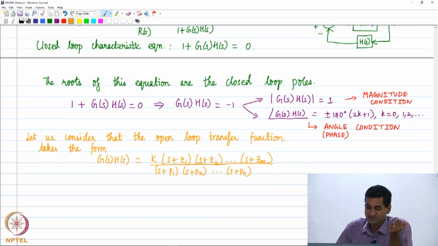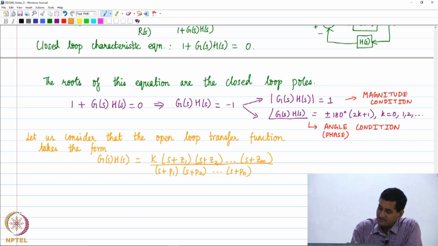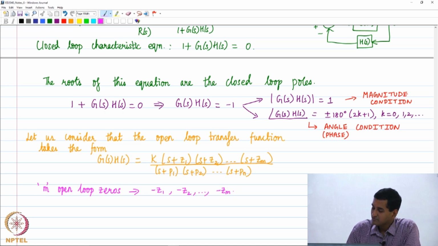That's my only motivation. So of course, you see that I have factorized the denominator and the numerator polynomials. The numerator polynomial is of order m, and the denominator polynomial is of order n, so that structure is something which we are still keeping. So immediately we can see that there are m open loop zeros. What are the m open loop zeros? Minus z1, minus z2 all the way till minus zm.